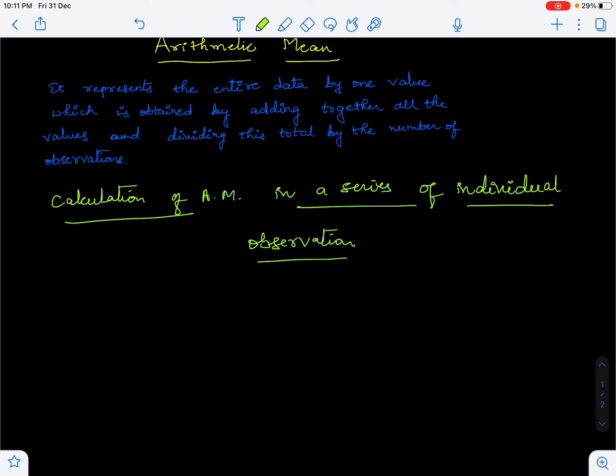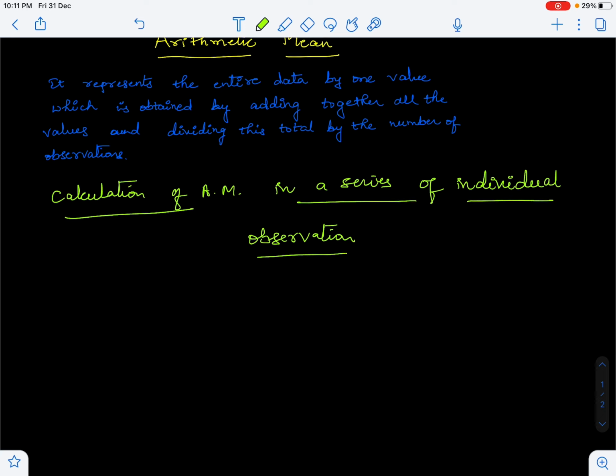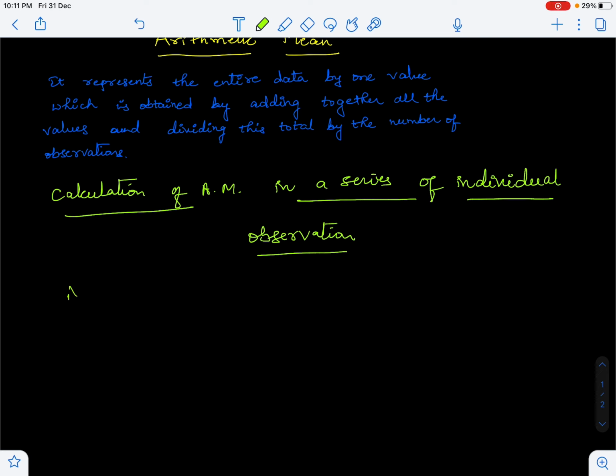In this, we will be given just a set of all observations. Like if we take an example: 7, 6, 8, 10, 13, 14.